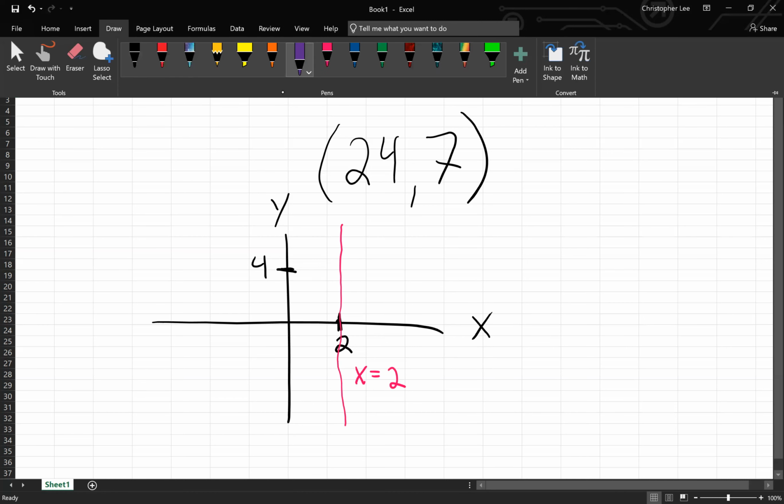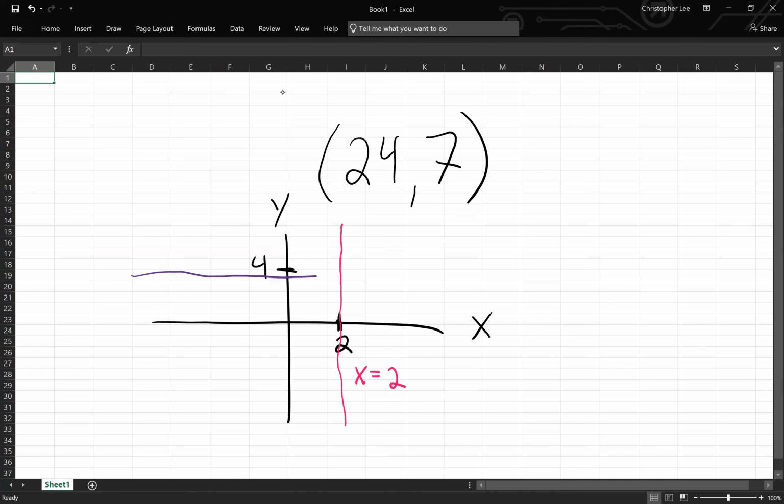And then this horizontal line right here, that goes across. Well, that's really bad. Hold on. No, that's bad too. Hold on. Okay, I'm trying over here. That's why I didn't major in art. Right? So this crosses the y-axis, so this would be y equals 4.